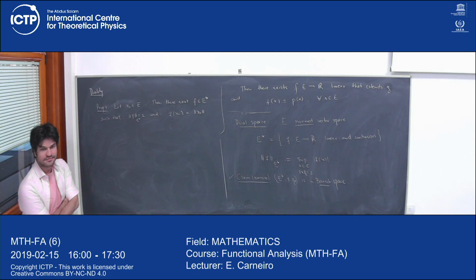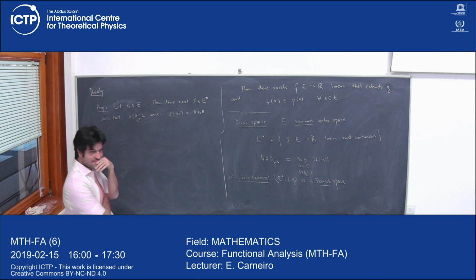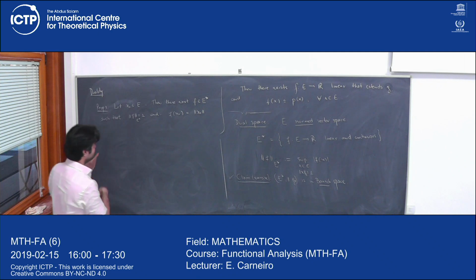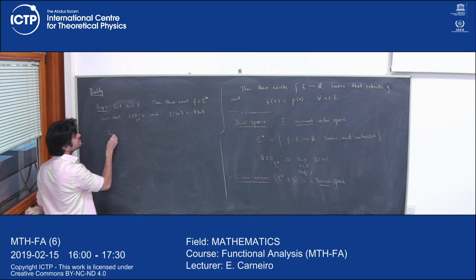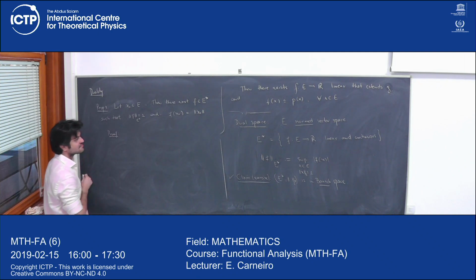Yes, because we can take the subspace generated by the vector x0, and define a map which sends x0 to its norm, and then by linearity we define the function on this subspace and use Hahn-Banach. Exactly.